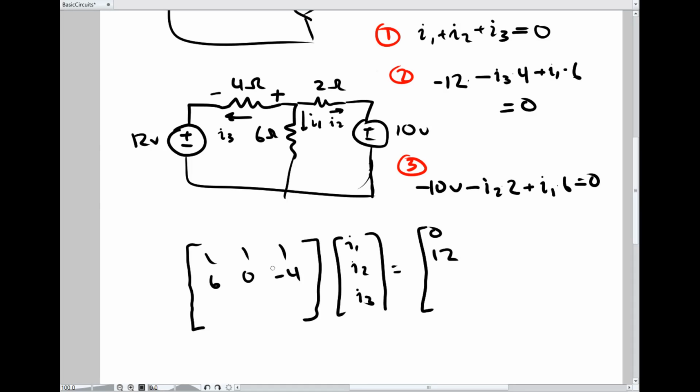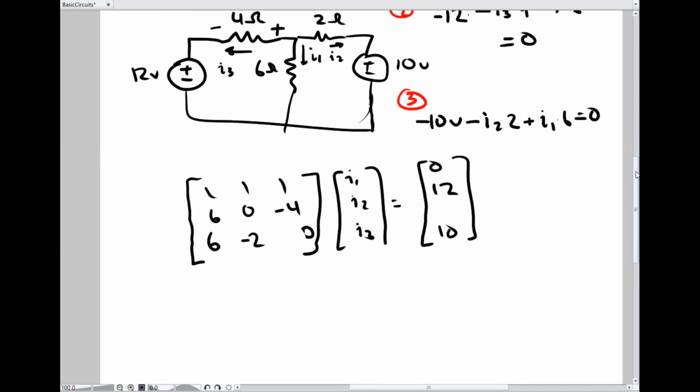Doing some quick algebra there. And then our other Kirchhoff's voltage law gives us 6, minus 2, 0. Well, I don't know why I'm saying minus 10. That's a 0. I'm dumb. Is equal to 10.